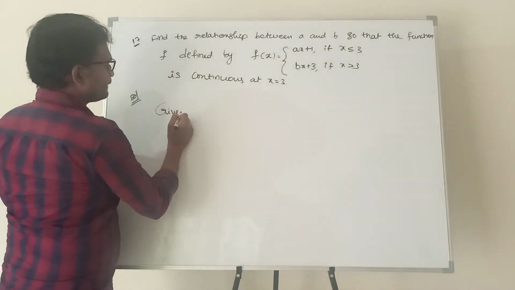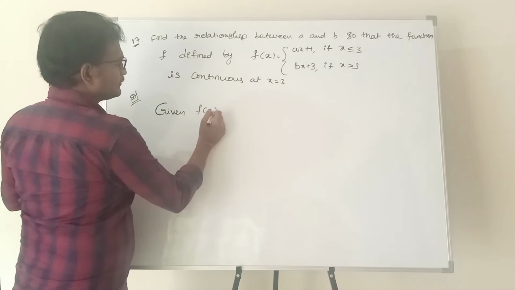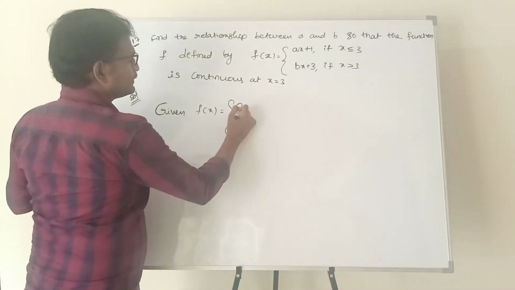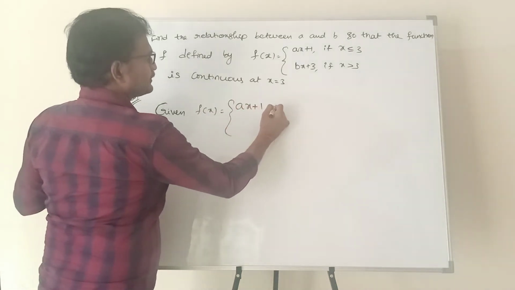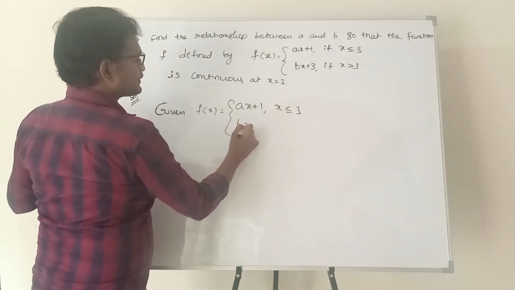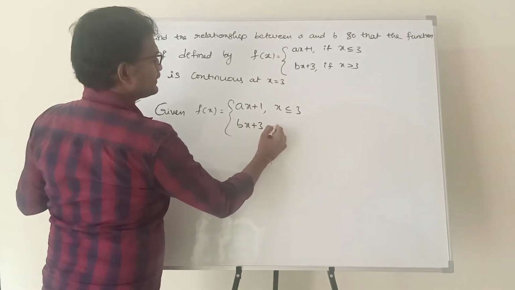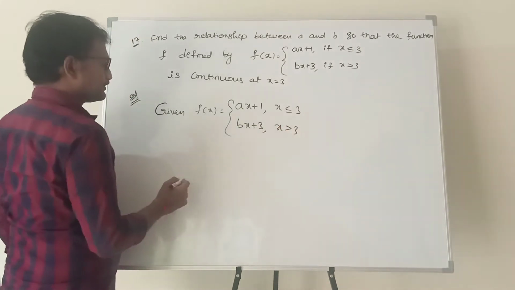Given f of x equal to ax plus 1 if x is less than or equal to 3, bx plus 3 if x is greater than 3. This is the given function.